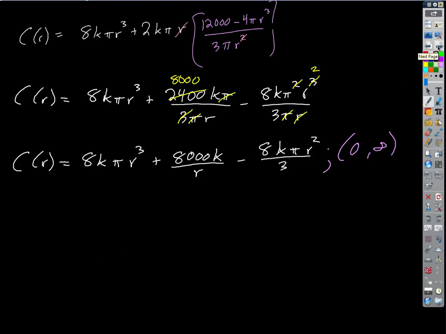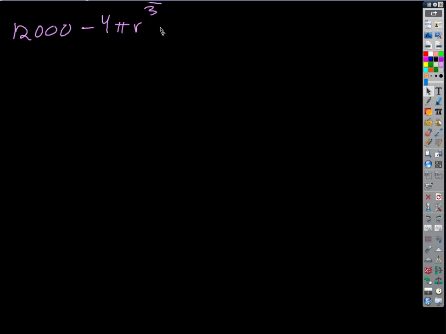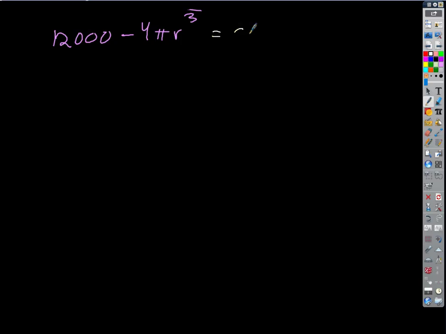So there's the numerator, right? All we have to do is set that equal to 0 and solve for r. So we get 4 pi r cubed equals 12,000. What is that?